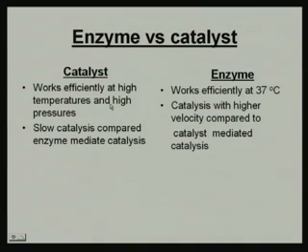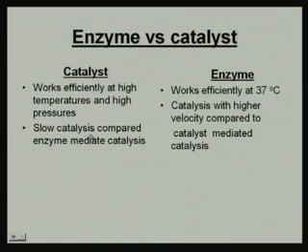Now, what is the importance of this biocatalyst? When we compare this biocatalyst with any conventional catalyst, we find that a chemical catalyst works efficiently at higher temperature and higher pressure. Any chemical catalyst can work under high temperature and high pressure, but a biocatalyst cannot, because it cannot cross the physiological conditions of the living cell, and the living cell cannot work at very high temperature or else it will collapse.